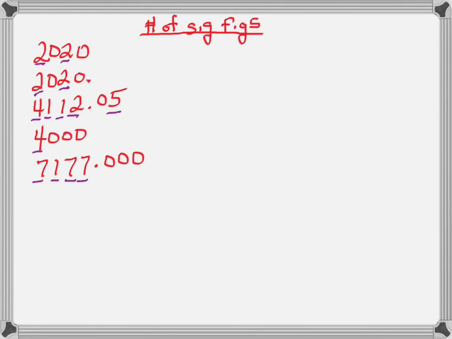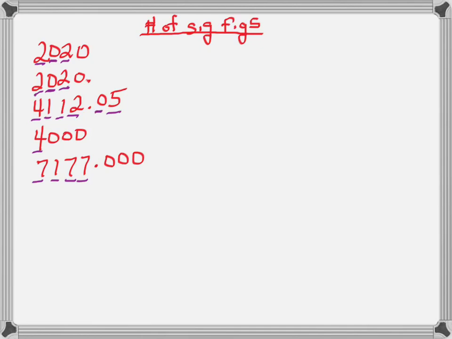The second rule was any zero between two non-zero digits is significant. So the 0 on this first one between the 2 and the 2, the 0 on the second one between the 2 and the 2, the 0 on the third one between the 5 and the 2.